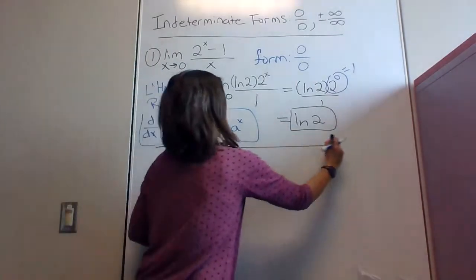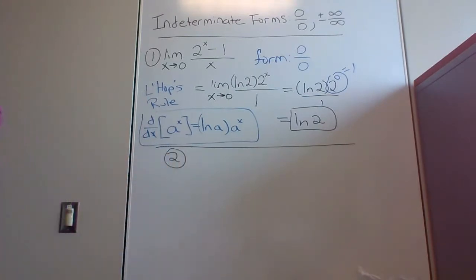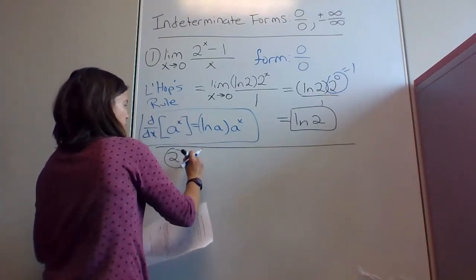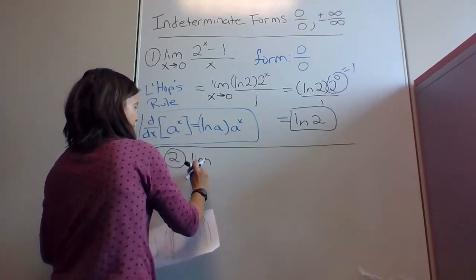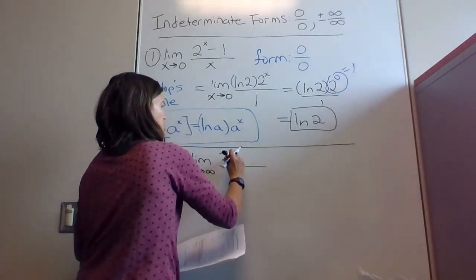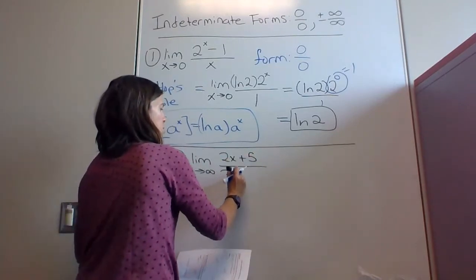Let me see if I can get another example below this one. So a second example, and I'm using the examples from the printed notes that I posted for you. The limit as x approaches infinity of 2x plus 5 over 3x squared minus 1.